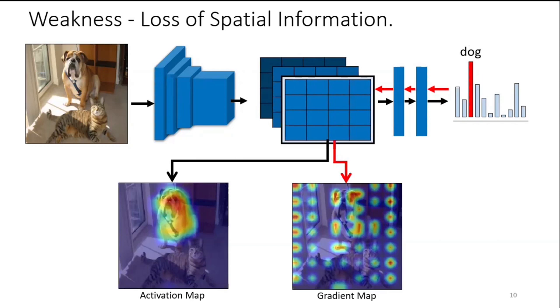Part of the reason that this context is not preserved is that the convolutional layers are able to retain the spatial information, whereas further on we have the fully connected layers, and they are just not designed to maintain this spatial information. So that's why we thought we could improve over the existing gradient-based techniques.